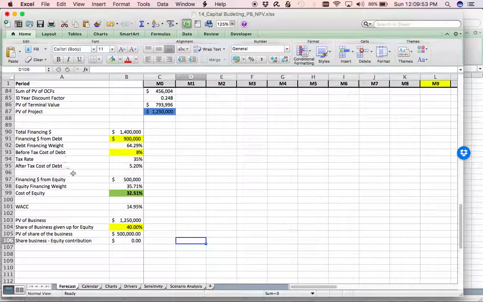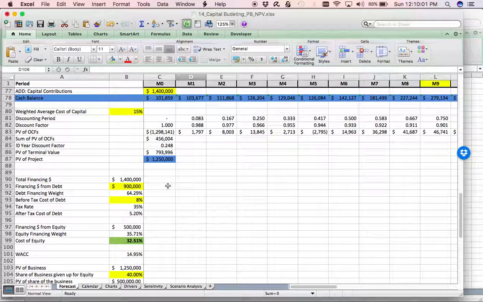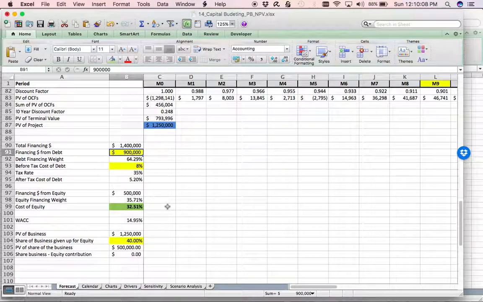And so, how did I figure that out? For my project under the likely scenario, I basically went through and assumed a $900,000 debt, therefore $500,000 equity investment. My debt investment was at 8%.